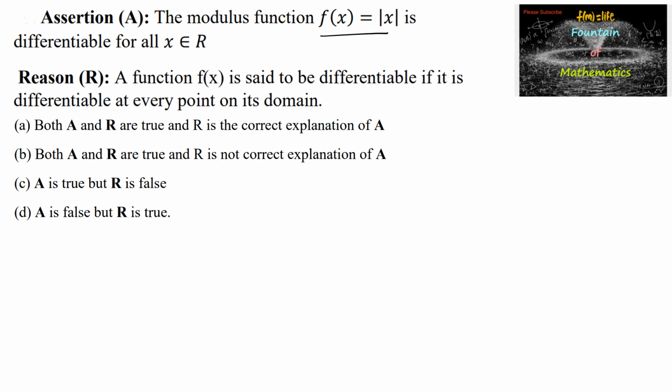So considering the assertion, the modulus function f of x is equal to mod x. So this is y is equal to mod x, and we know that the modulus function will have the sharp edge at the point x is equal to 0.